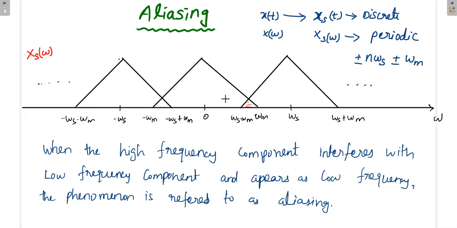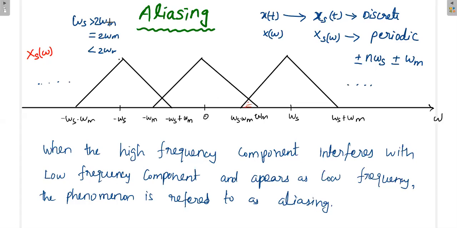So now again we have seen three conditions with respect to sampling and the maximum frequency. What should be the sampling frequency? Either it should be greater than 2 omega m, or equal to 2 omega m, or it may be less than 2 omega m.